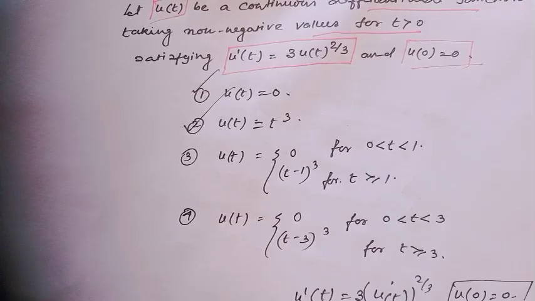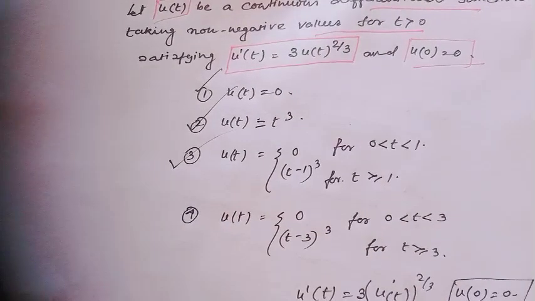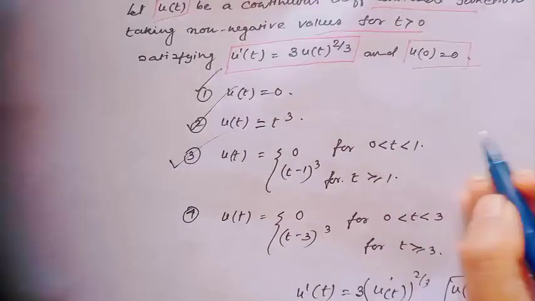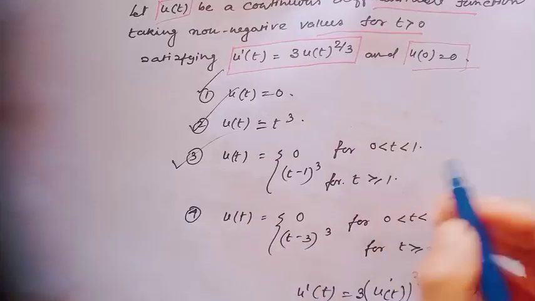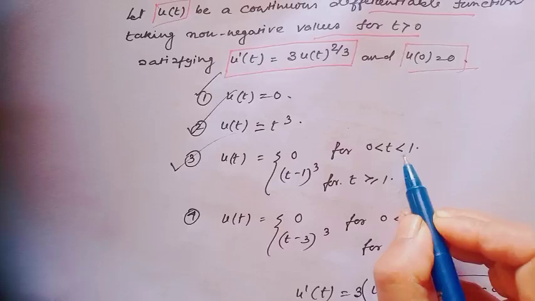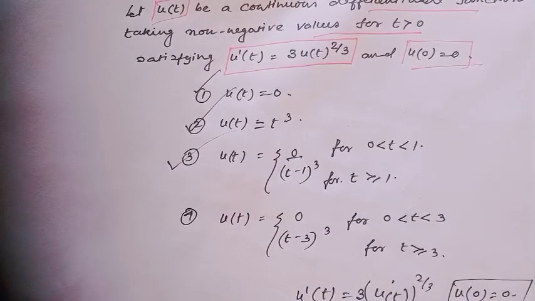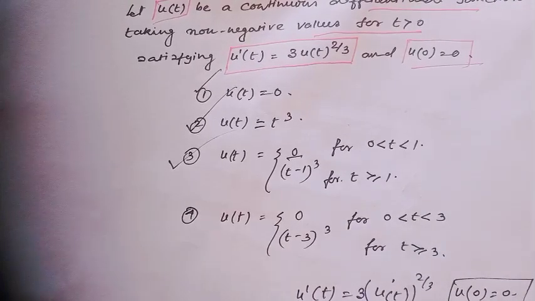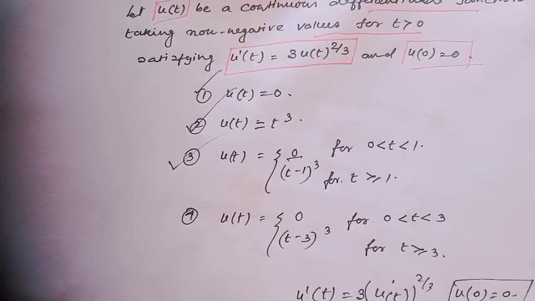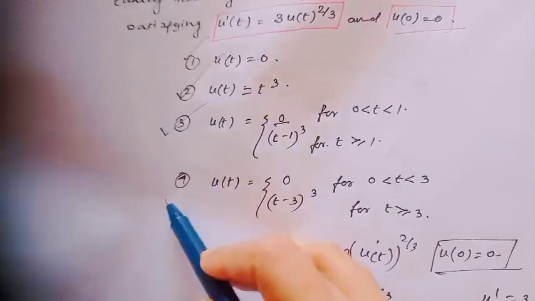If we take c equal to minus 1, then this is also a right option. When t is less than 1, this value would be 0, and otherwise for t greater than or equal to 1, this value equal to (t minus 1) whole cube, meaning I have taken c equal to minus 1. Similarly, if you consider c equal to 3, this can also be a solution.